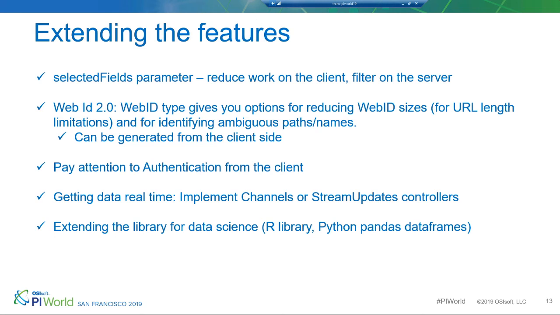So implement that. If you notice, we did not pay too much attention to the authentication from the client. That was a little bit on purpose because it would depend on what scenarios you would use. There's basic authentication, there's Kerberos, and there's anonymous and things like that. There's also API keys.